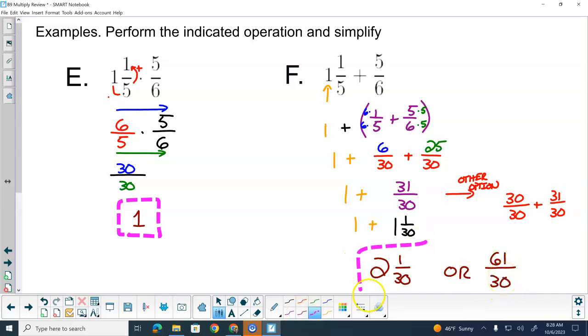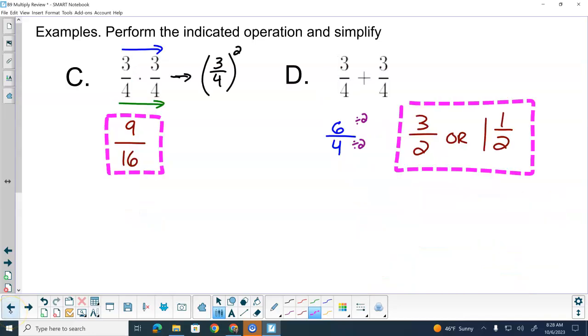So there's where I get both of those. If I convert 2 and 1/30th, 2 times 30 is 60, plus 1 is 61, so it's 61/30ths. Either way you do it, whether you leave it as an improper fraction or a mixed number, that would work for me. Both of those are the same, that's why they're both in the box. Kind of like back here, improper fraction or mixed number.